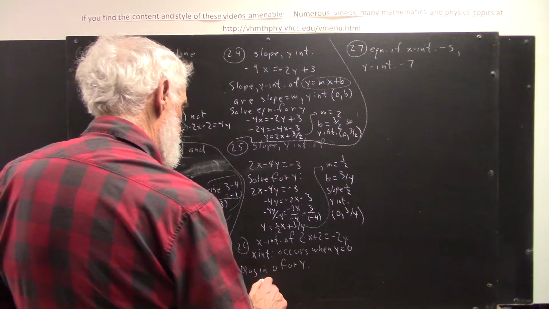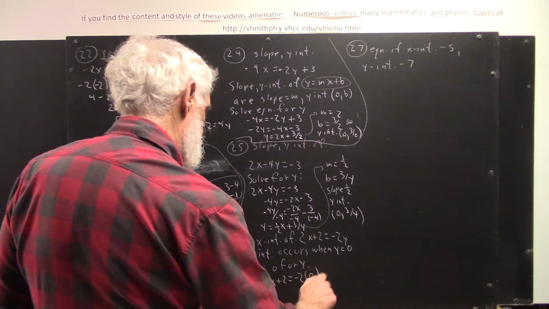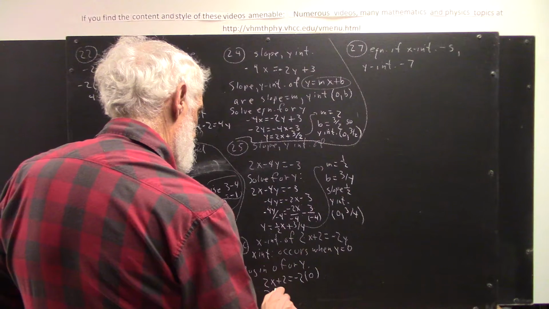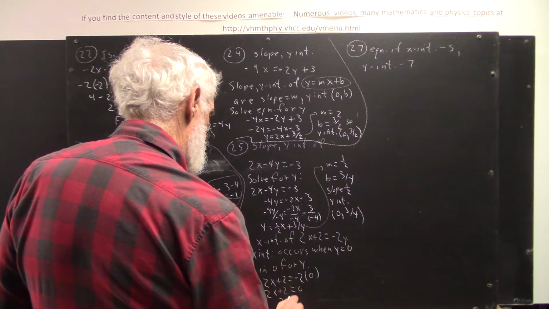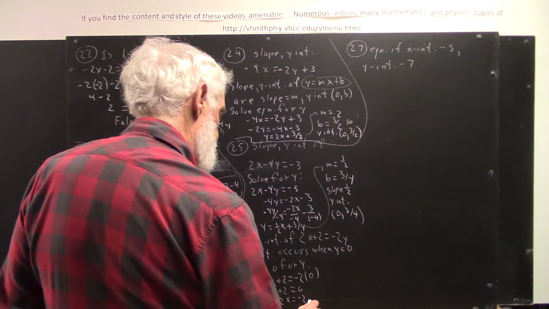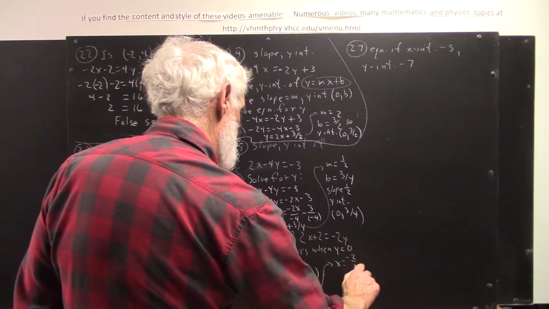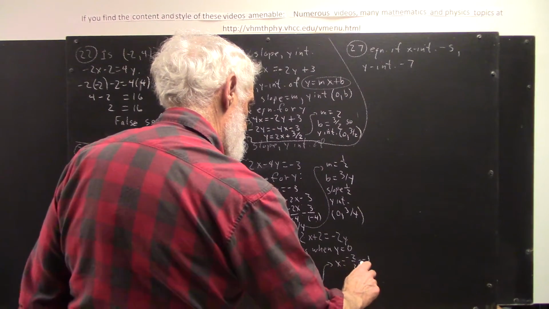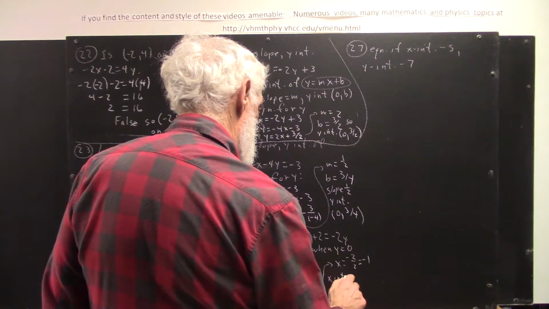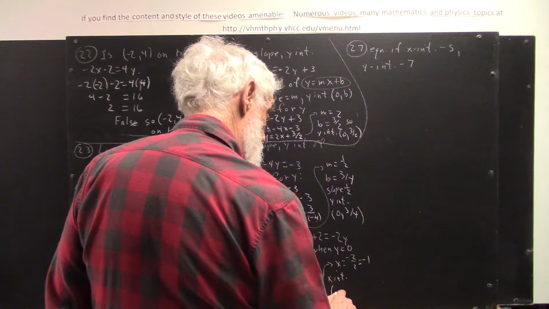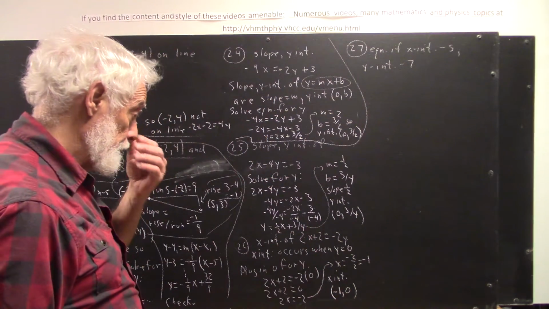And we get 2x plus 2 equals negative 2 times 0, so that 2x plus 2 equals 0. 2x equals negative 2, so x equals negative 2 over 2 equals negative 1. The x-intercept is therefore what point? It's a point on the graph where x equals negative 1 and y equals 0.